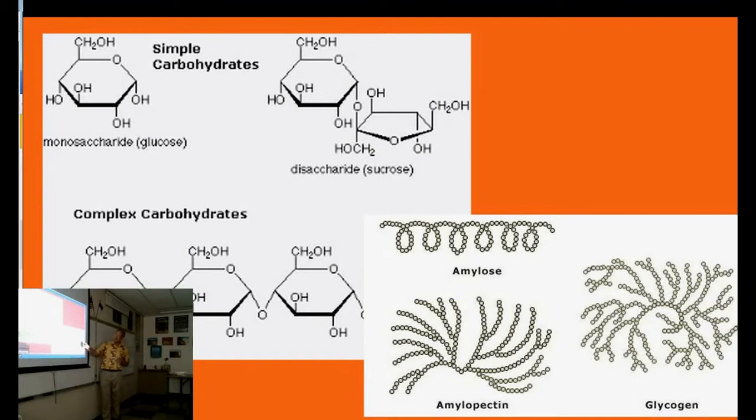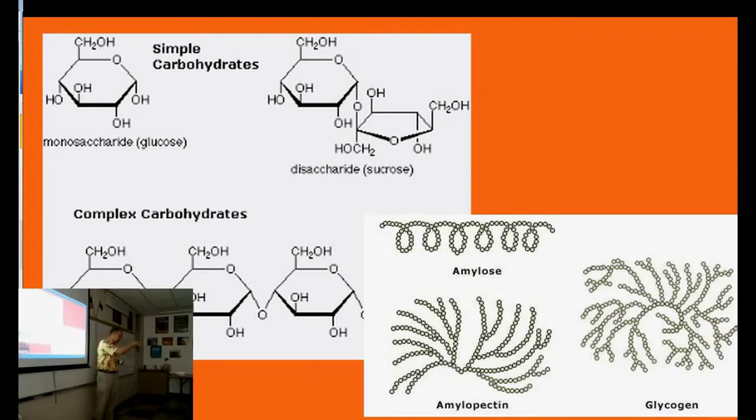So glycogen is this thing, it's going to be hundreds and thousands of sugar molecules strung together into this branching, looks almost like a coral compound. Okay, amylopectin is another one that you're going to find in fruits quite often. Huge chains, lots and lots and lots of sugar molecules stuck together. And then amylose is this, looks like a telephone cord.